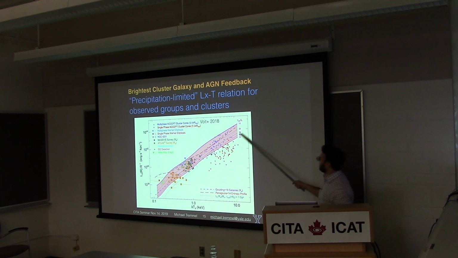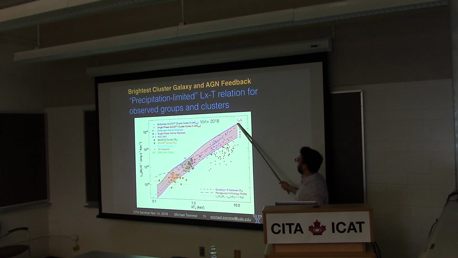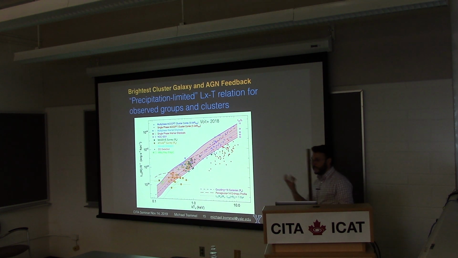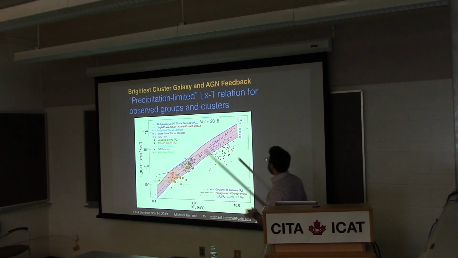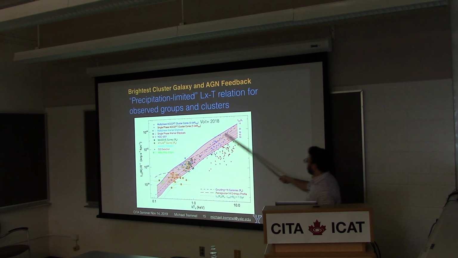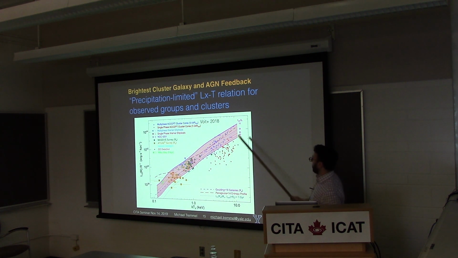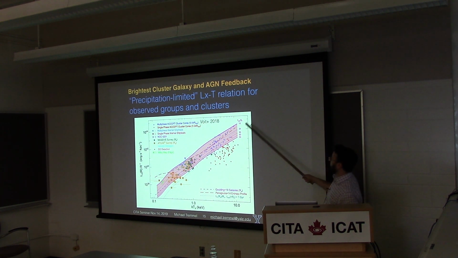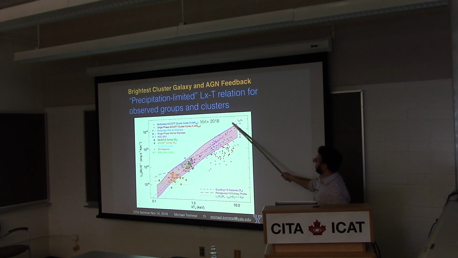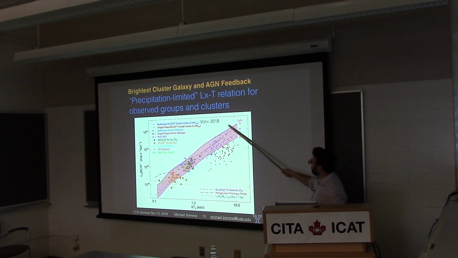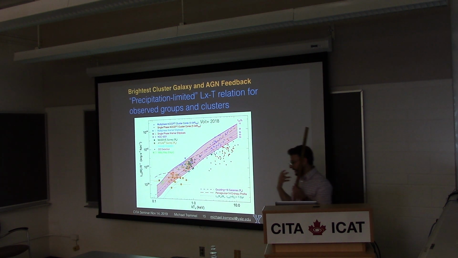And Mark sees this evolution here where if you calculate what you'd expect this value to be at different ratios of the cooling time of gas to the free fall time of gas, you see that the relationship between X-ray luminosity and temperature is affected by this relationship predicted by cooling time to free fall time ratios of about 10 as the lower limit. And as you go to higher ratios, you transition from these blue dots, which represent multi-phase gas, and these red dots, which represent single-phase gas.